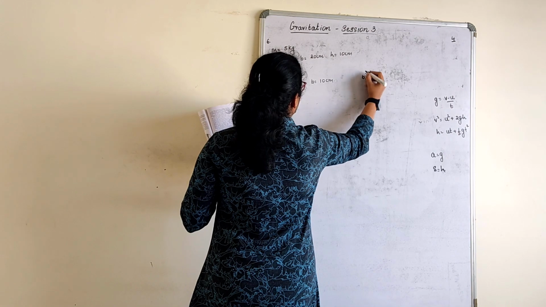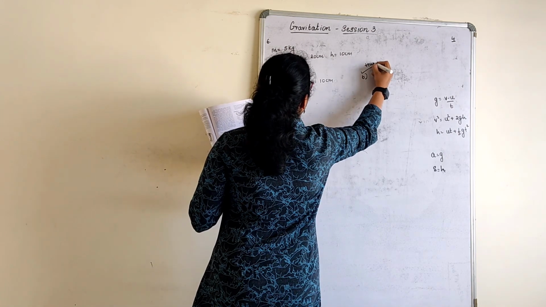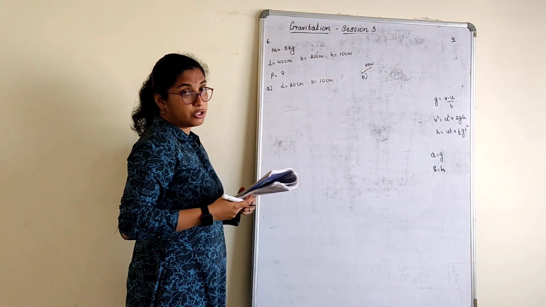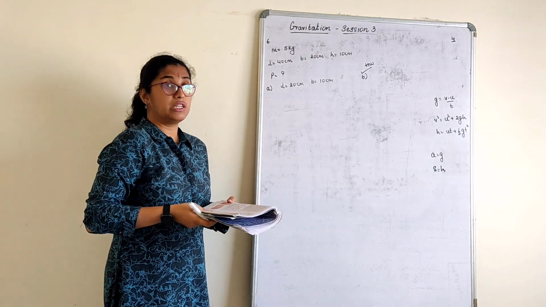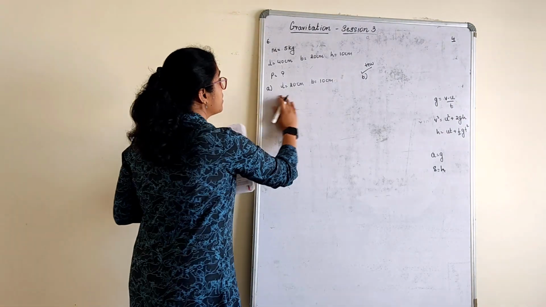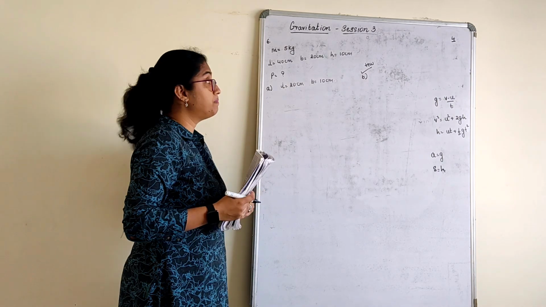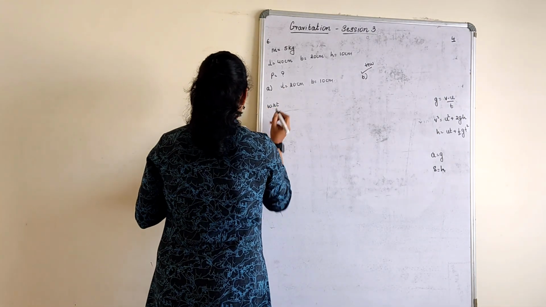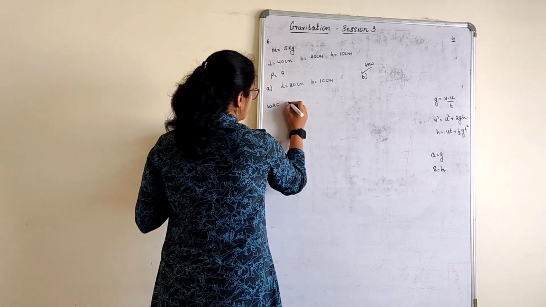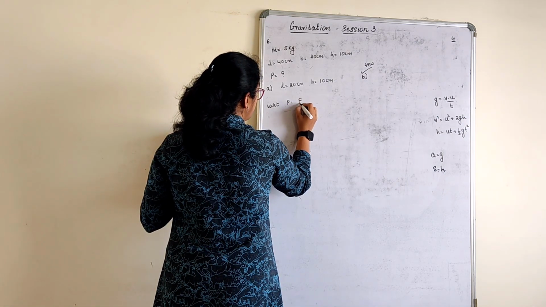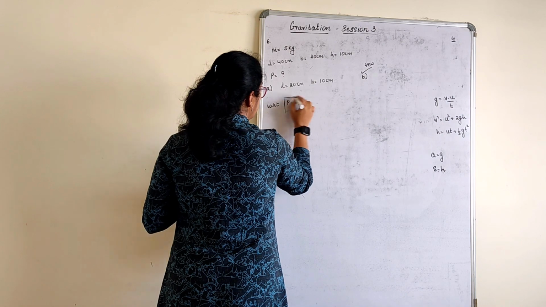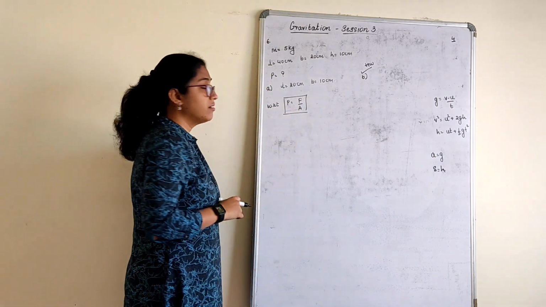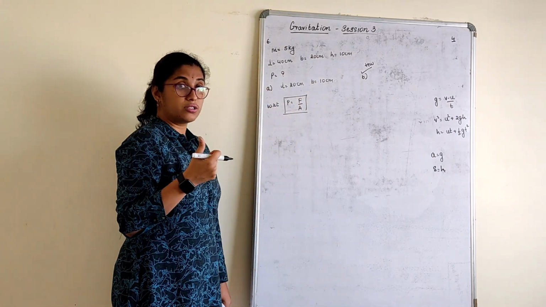B part is homework, children. A part I will do, B part you have to do it. I know it's a worked example, but still you can solve it by yourself as well. So find the pressure they have given. What is the formula? We know that pressure is equal to force upon area. Now to calculate pressure, I should know force, I should know area.